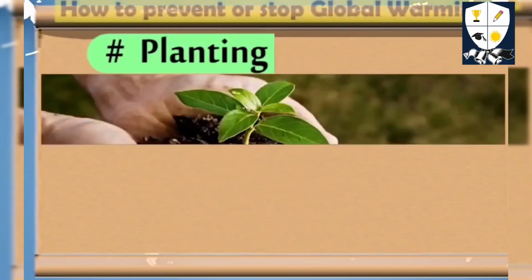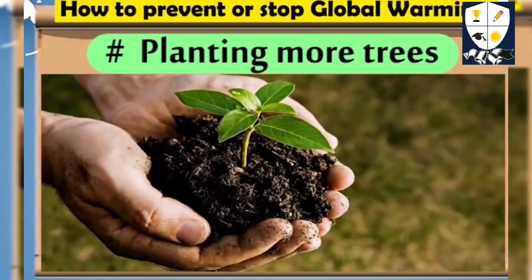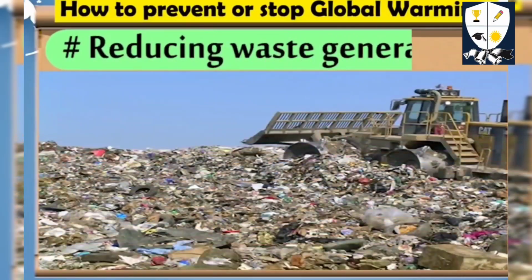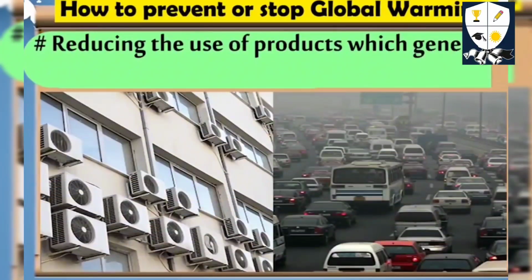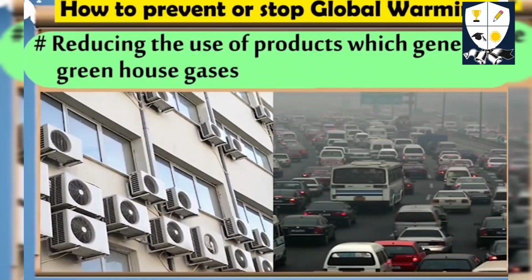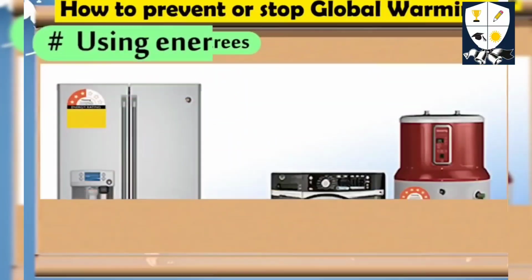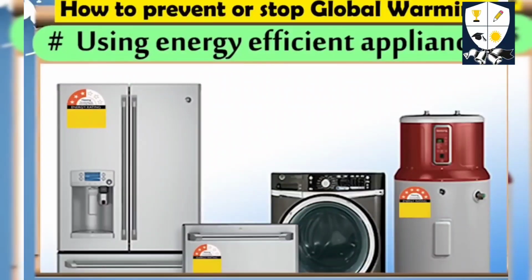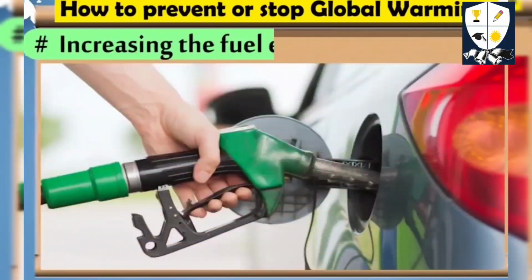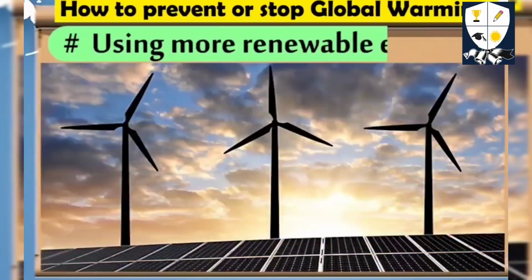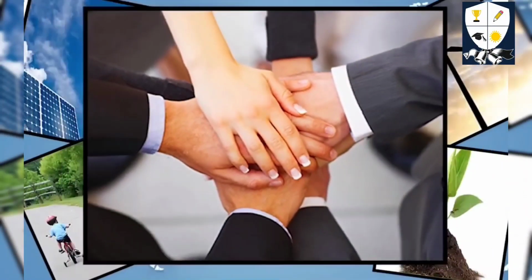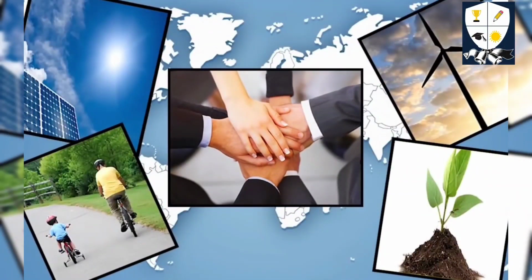Well, planting more trees, reducing waste generation, reducing the use of products which generate greenhouse gases, using energy efficient appliances, increasing the fuel efficiency of vehicles, using more renewable energy, or say, switching to greener ways which cause less harm to our environment.